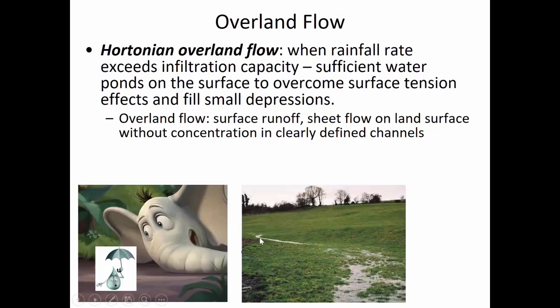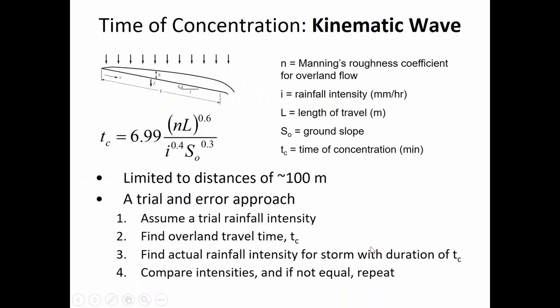And so water starts to pond, and if there's a slope to the surface, then the water will start to flow. There are many different empirical formulas that have been developed that try to predict what the time of travel is going to be. And one of them is called the kinematic wave.